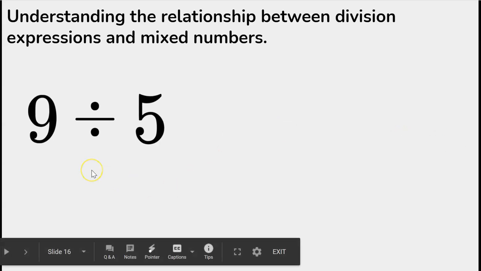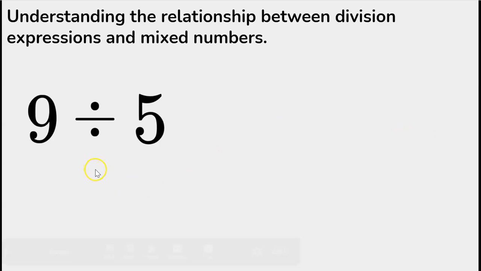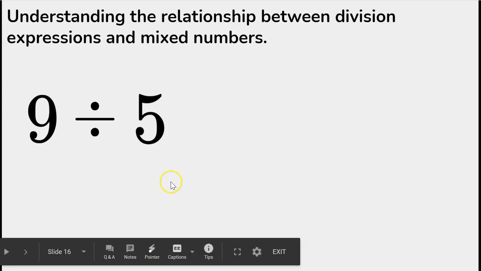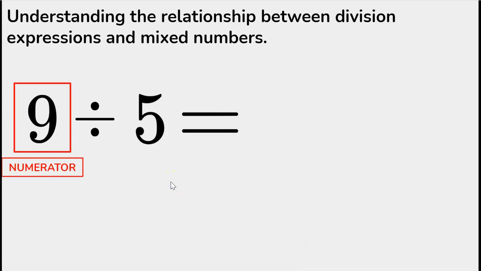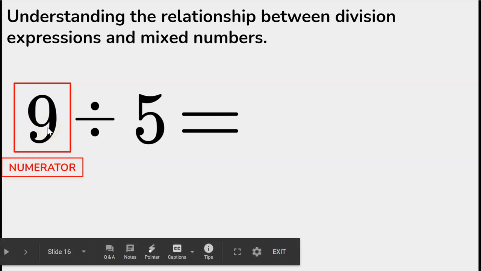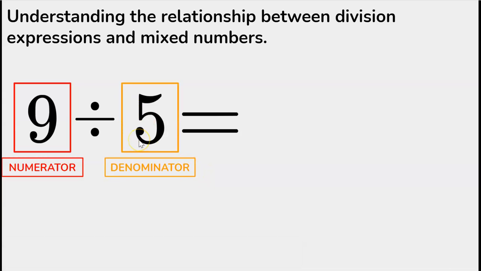So if we have a division expression like 9 divided by 5, we learned yesterday that we can rewrite that as a fraction. To rewrite that as a fraction, the first number becomes the numerator of our fraction, and the second number becomes the denominator of our fraction.